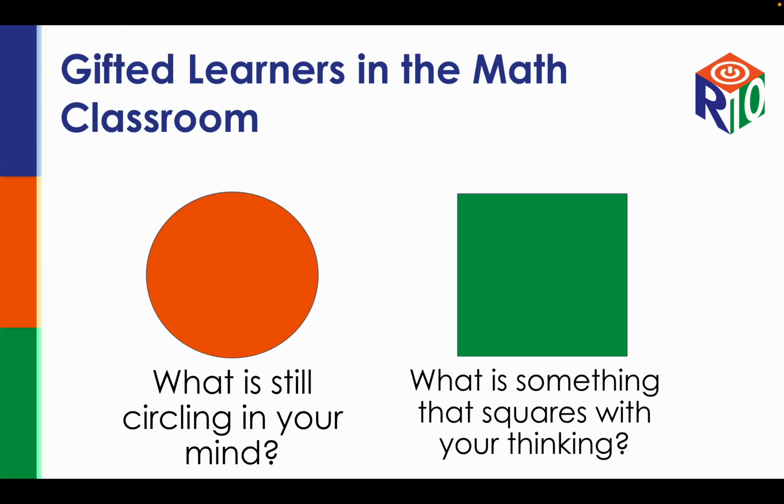So what's still circling after you have looked at those resources and engaged with our math today? And also think about what is something that squares with your thinking, that you're like, I totally see this, I understand this, I can make connections to that. What squares with your thinking?